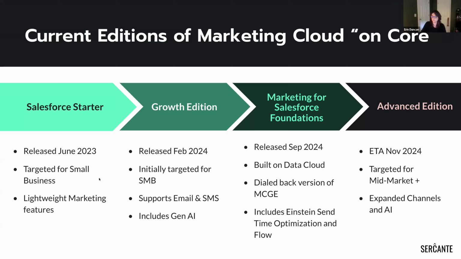Growth Edition came out in February of last year. The marketing for foundations that was announced at Dreamforce contains Growth. And then Advanced Edition is the newest SKU, for lack of a better term, that's going to be available starting in November. So it's new, but we're not bleeding edge yet. It's been in market and tested by customers.